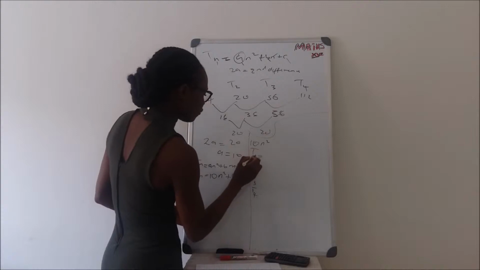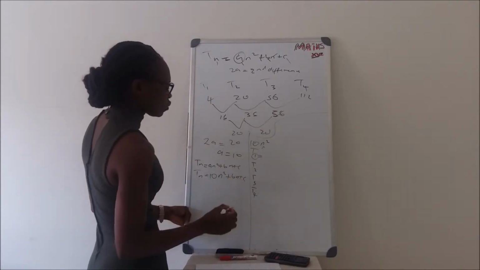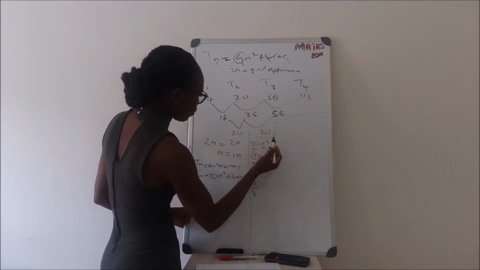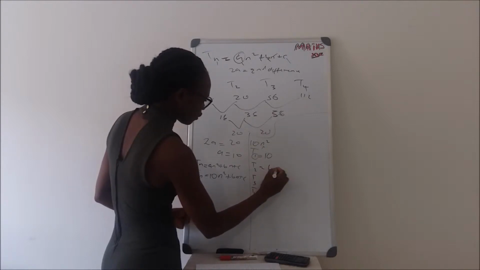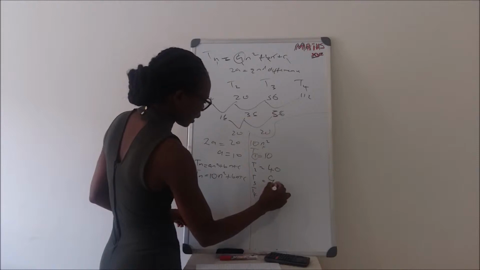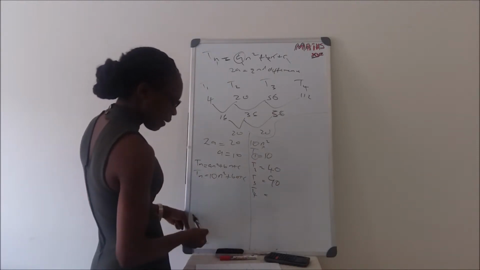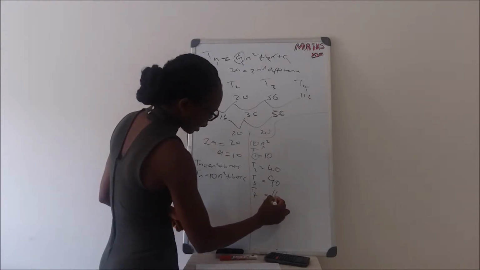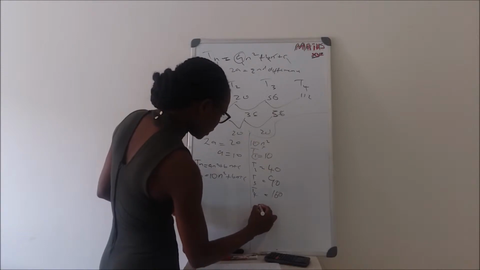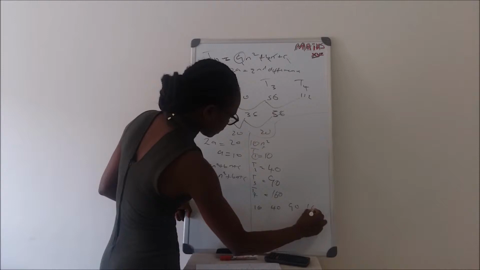If we substitute 1 into there, it will be 10 multiplied by 1 squared, which will remain as 10, and 2 squared will be 4 multiplied by 10, this will give us 40. 3 squared will be 9 multiplied by 10, that will be 90, and 4 squared will be 16 multiplied by 10, it will be 160. Now we have a new expression which is 10, 40, 90, and 160.